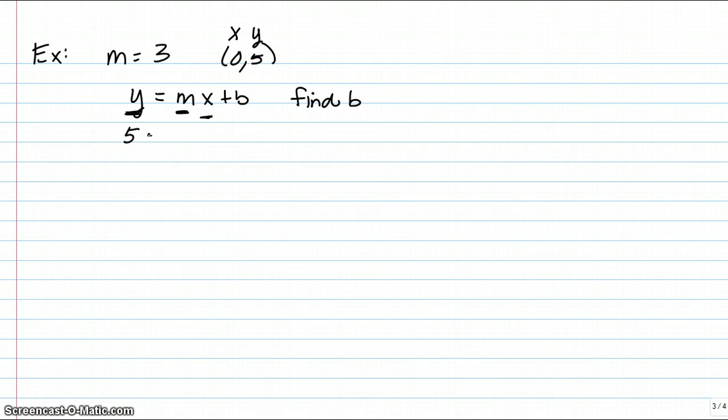So 5 equals 3 times 0 plus b. Well, 3 times 0 is 0, so 0 plus b. Well, that means that 5 has to equal b. So that is the y-intercept. And the final equation, if I wanted it, was y equals 3x plus 5.